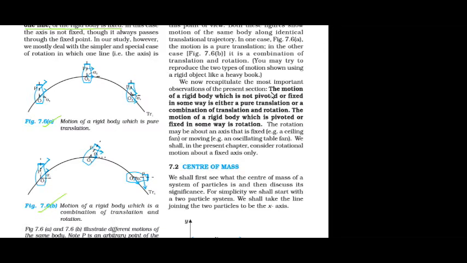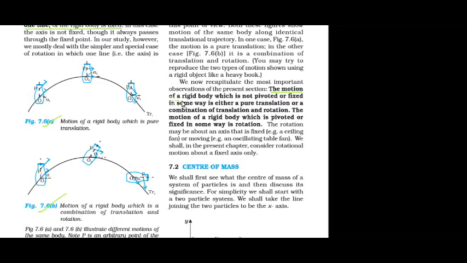The motion of a rigid body which is not pivoted or fixed in some way is either a pure translational or a combination of translational and rotation. The motion of a rigid body which is pivoted or fixed in some way is rotation. So this is a very important concept. You have to remember this.